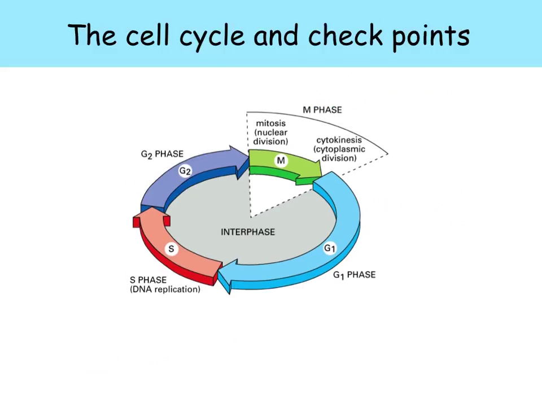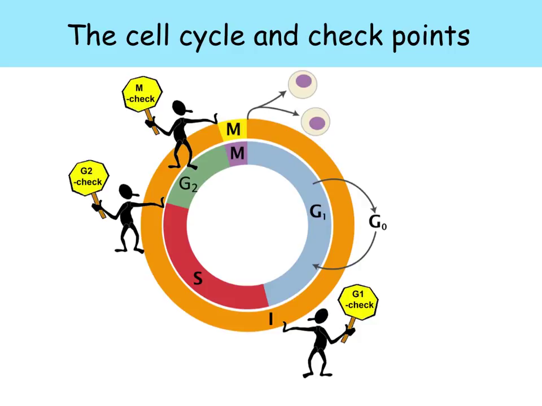So there are checkpoints that check whether the processes at each phase have been accurately completed before the next phase. So here you can see the different checkpoints. You've got the G1 checkpoint that checks the length of the G1 growth stage and the size of the cell.